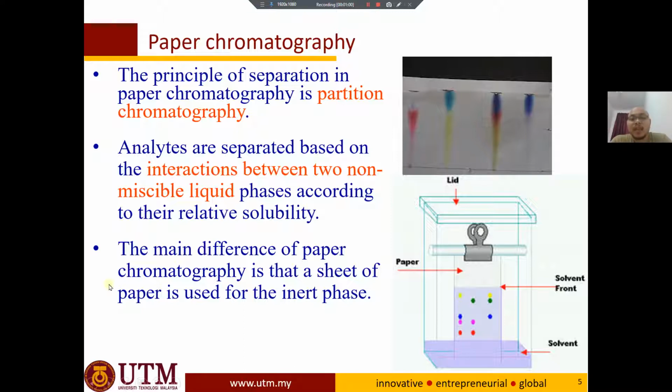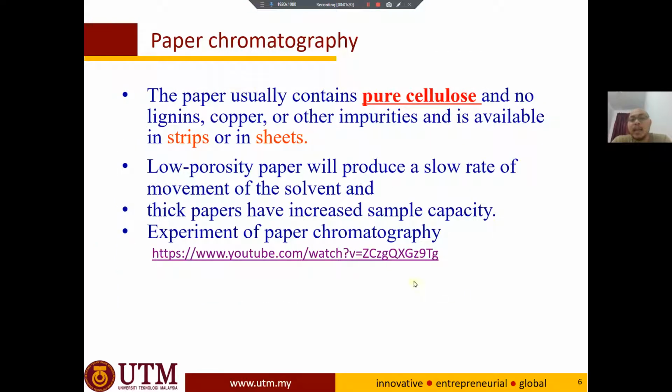The main difference of paper chromatography is that a sheet of paper is used for the inert phase. It means that the paper itself does not actually interact. The paper usually contains pure cellulose, with no lignins, copper or other impurities, and is available in strips or sheets.